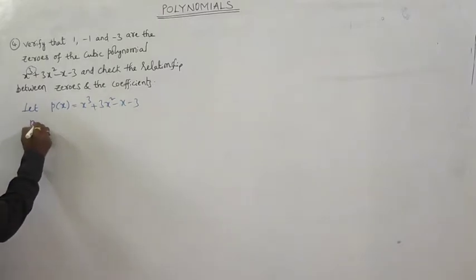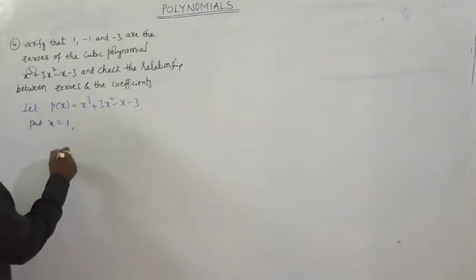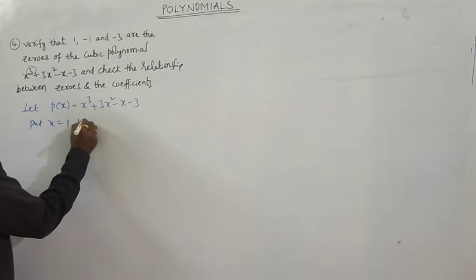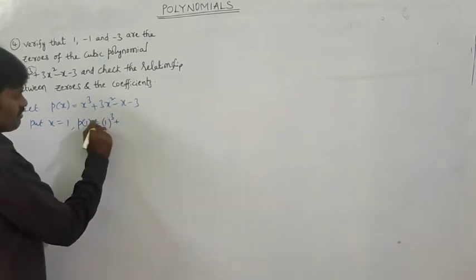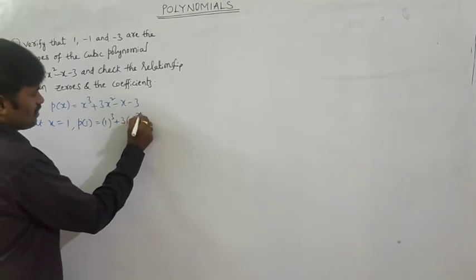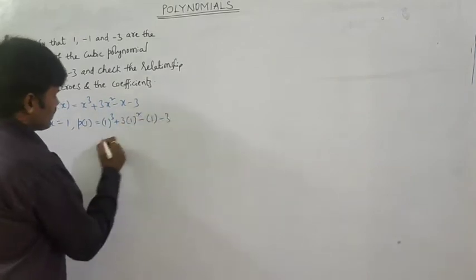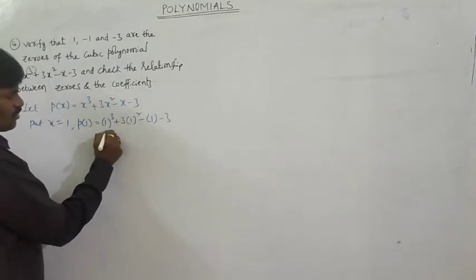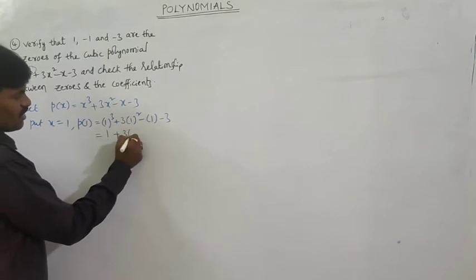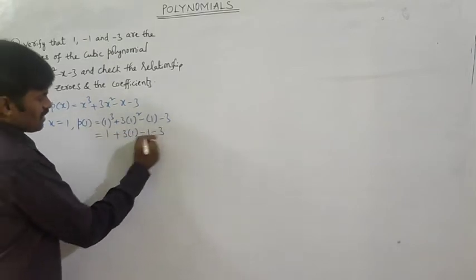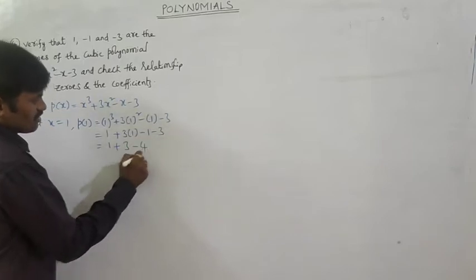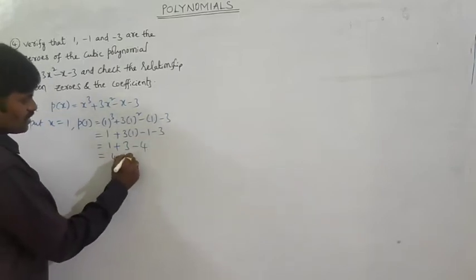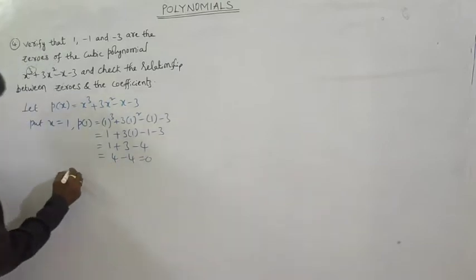Put x equals 1. Then p of 1 is equal to 1 cube plus 3 into 1 square minus 1 minus 3. The value of 1 cube is 1, plus 3 into the value of 1 square, which is 1, minus 1 minus 3. So 1 plus 3 minus 1 minus 3 is equal to 4 minus 4, which is 0.